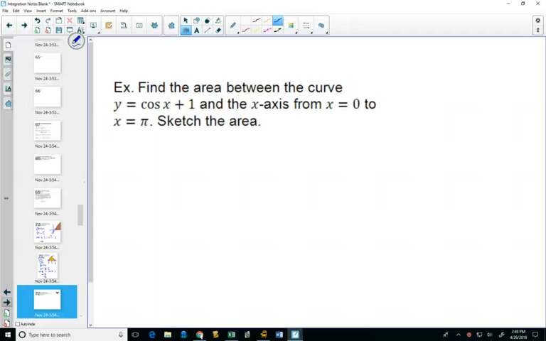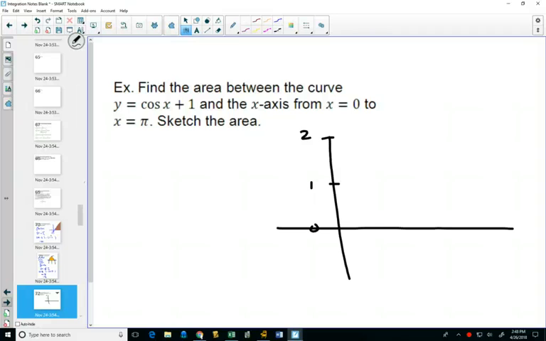Ooh, this one's going to be pretty. Cos x plus 1. So what is cos x plus 1? Well, if I was graphing cos, that would mean that I would have a maximum of 2, a minimum of 0. If you wanted, you could put in a sinusoidal axis.